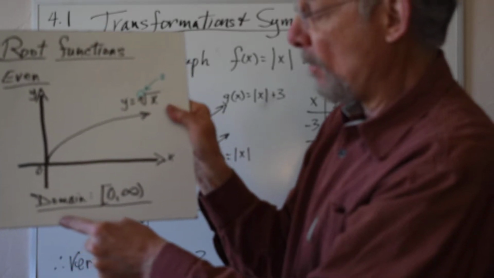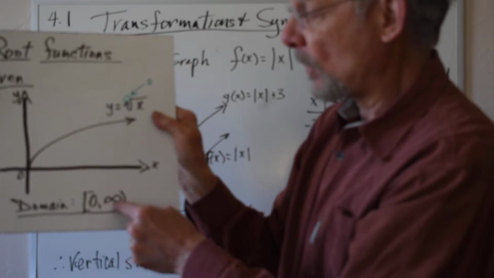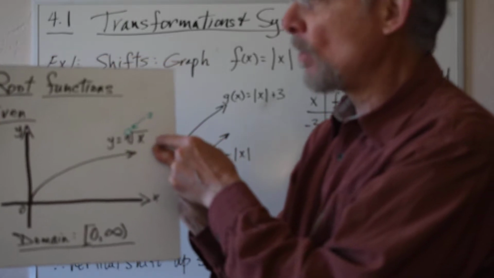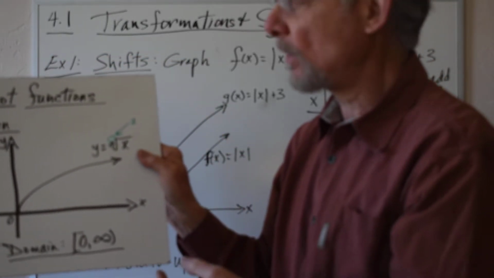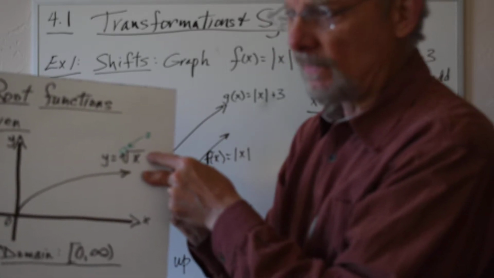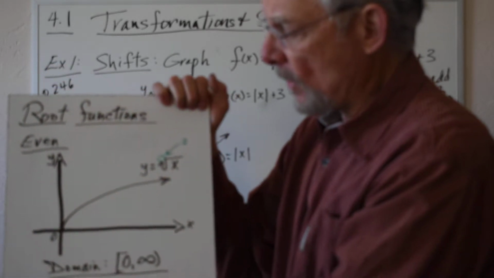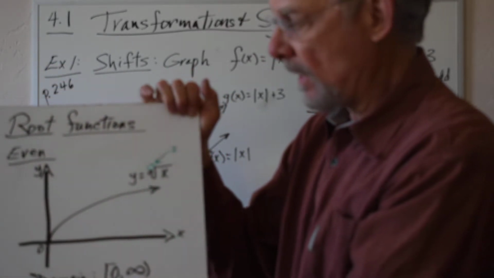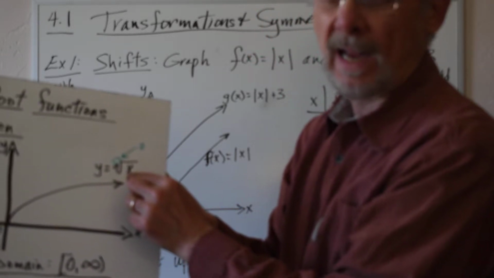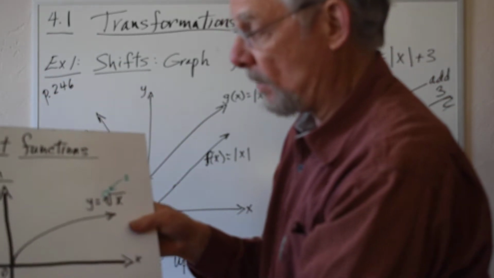Notice that the domain starts at 0, including 0, and runs off to positive infinity. Since you cannot take the square root or the fourth root or the sixth root or any root of a negative number, any even root of a negative number, therefore your domain will be restricted like this. Of course, if you were to put a negative sign in front of that x there inside the radical sign, then things would be reversed, so keep that in mind.